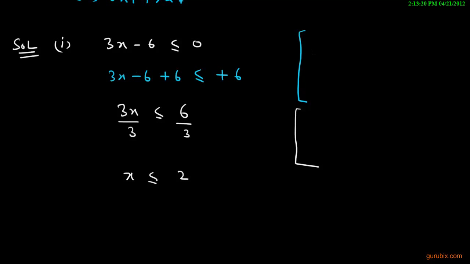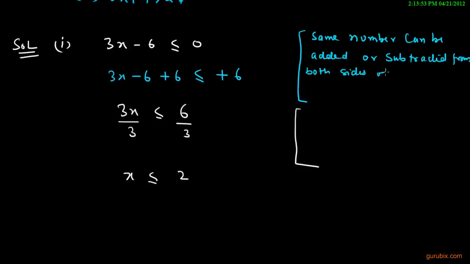So we shall write the rules here. The same number can be added or subtracted from both sides of an inequation without changing the sign of inequality.